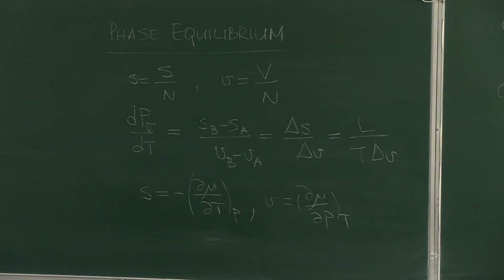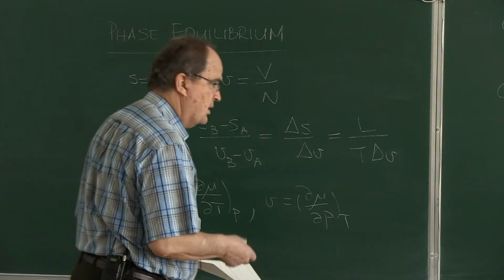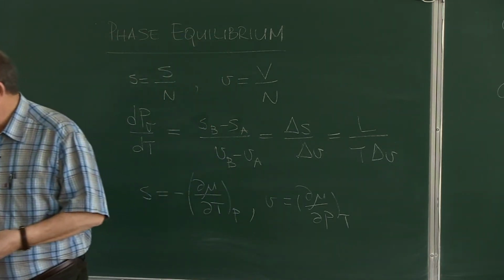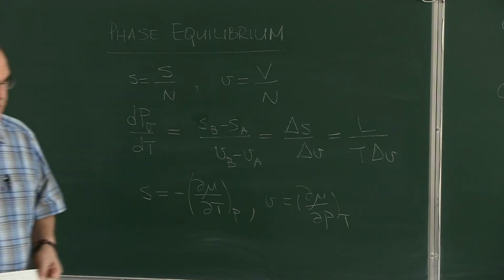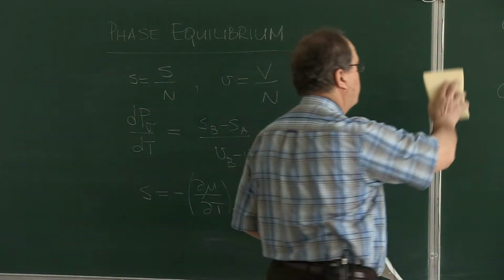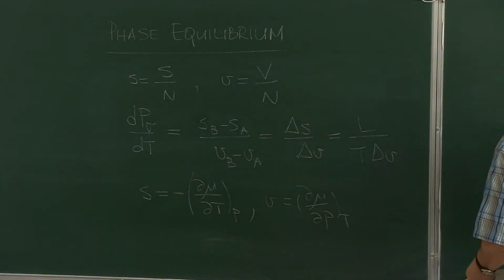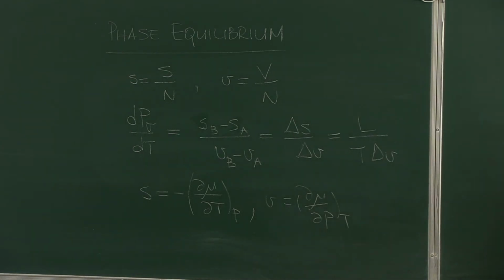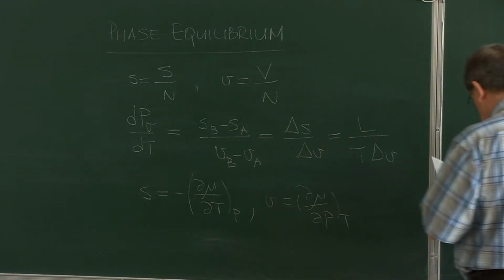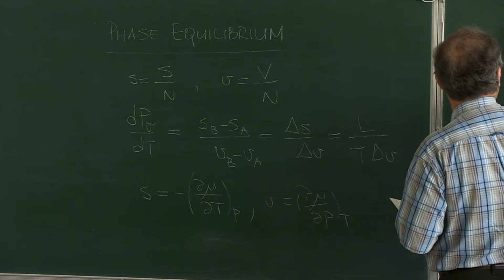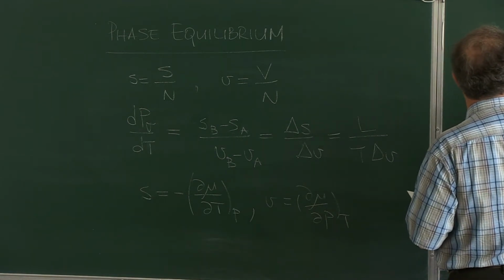The last equation is the Clausius-Clapeyron equation. And I have defined one more quantity, L, which is the latent heat to change the substance from one phase to another. So L is nothing but T delta S.